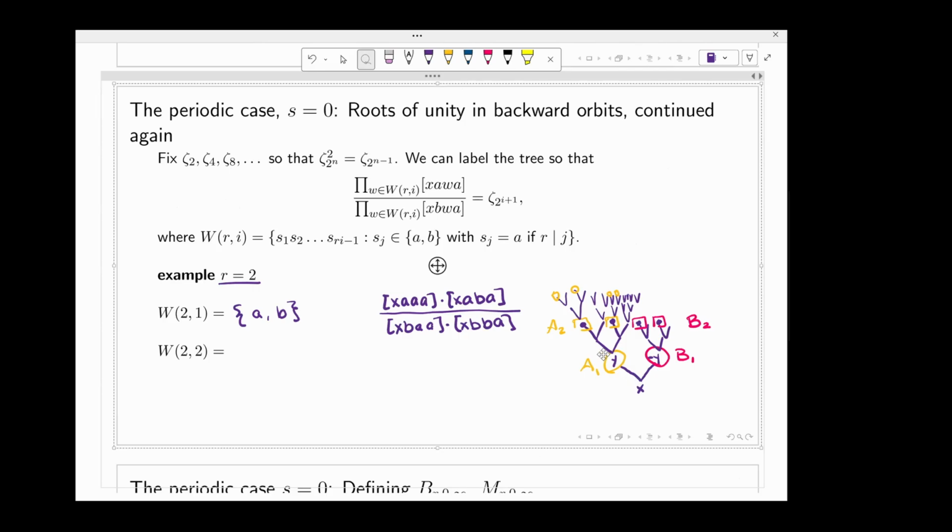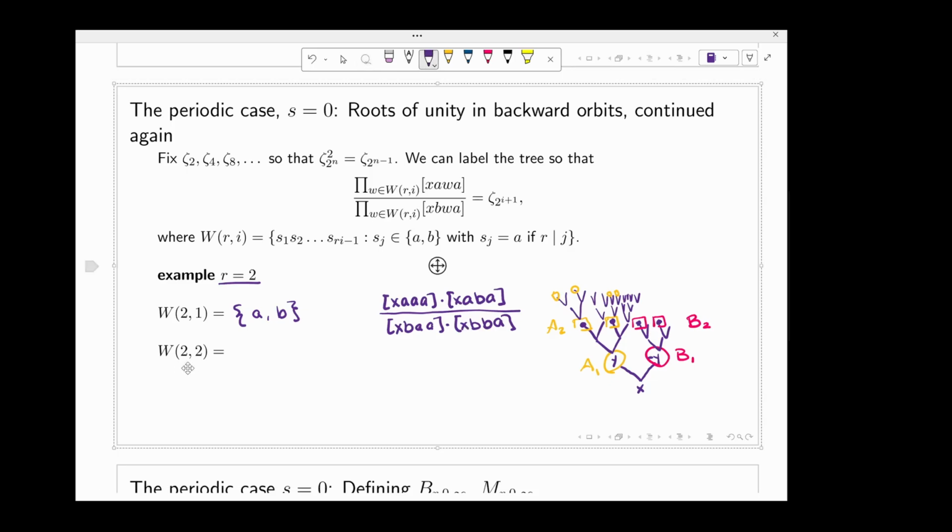I have XAAA and XABA, so the two that I've highlighted. So I'm picking out the ones that I wanted and saying that I can label this consistently so that those specific nodes are giving me these roots of unity that I've designated. And similarly on this side, these two nodes in pink are the denominator.